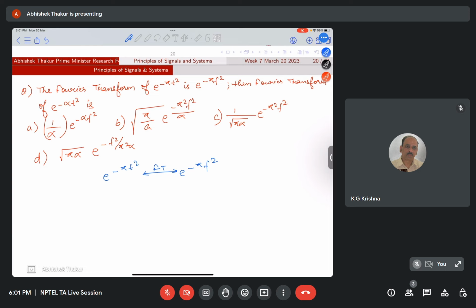Then the Fourier transform of e to the power of minus alpha t square, what will it become? We can write e to the power minus alpha t square as e to the power minus pi times under root of alpha by pi t, whole square. So the pi will get cancelled, leaving alpha t square. Okay, so this we can simply write.